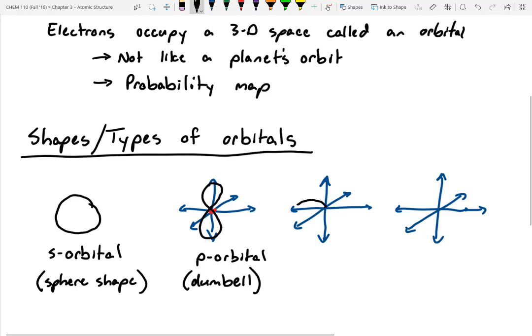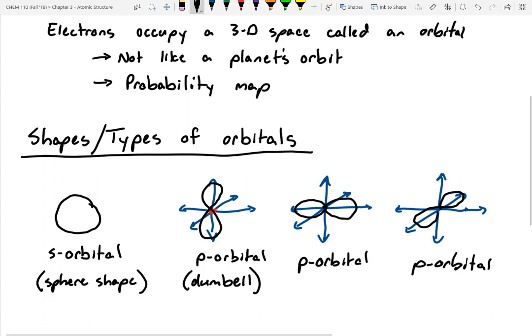You have another one going left to right, like that. And then you have another one going kind of in and out like that. These are all considered p orbitals. The main thing to remember with these orbitals is they show the likelihood of finding an electron in that 3D space.